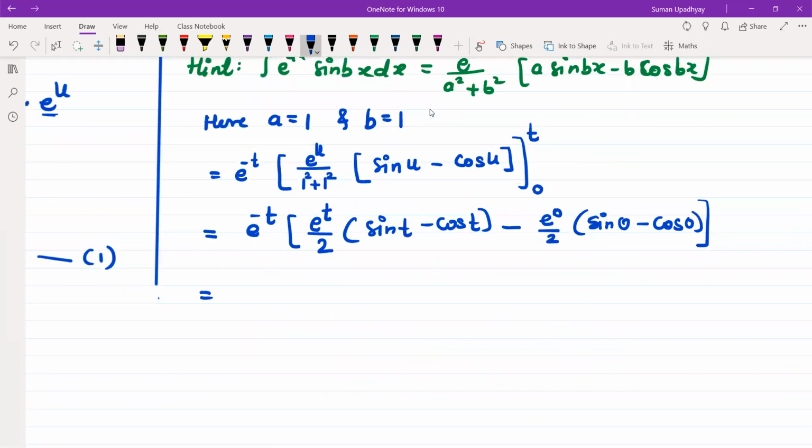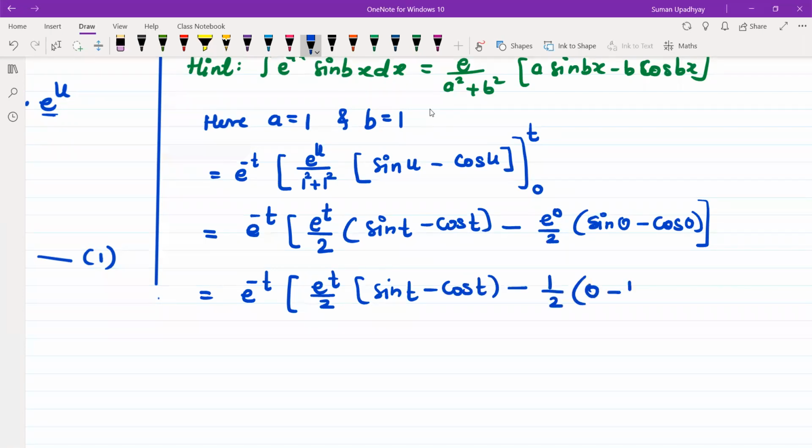All right. So it is going to be e raised to minus t upon 2 into sin t minus cos t, minus e raised to 0, which is 1, by 2 into sin 0 minus cos 0. So my final answer would be, now you multiply this also inside. So e raised to minus t, here it is e raised to t, so the powers will get added, it will become 0, and anything raised to 0 is 1. So it is going to be half sin t minus cos t.